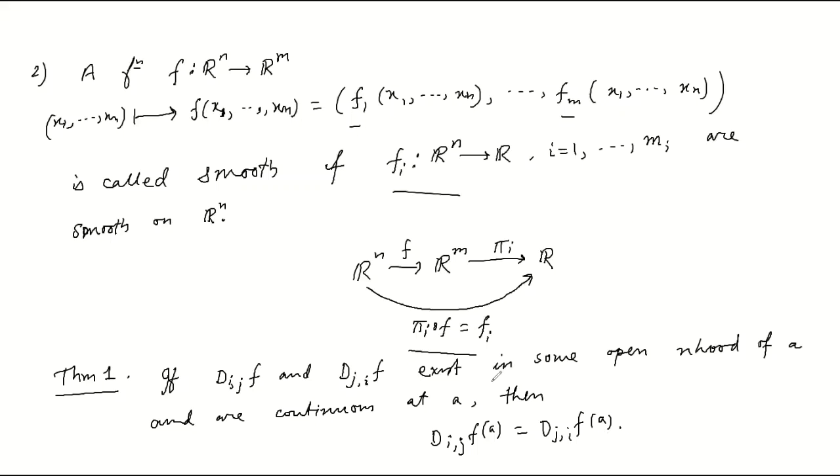So this is the condition: they must exist in some open neighborhood of A, and they should be continuous at A. This is the condition when they will commute. We'll not prove this theorem here.